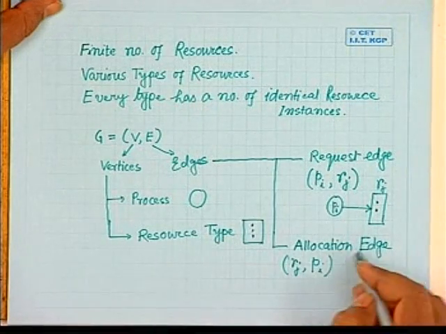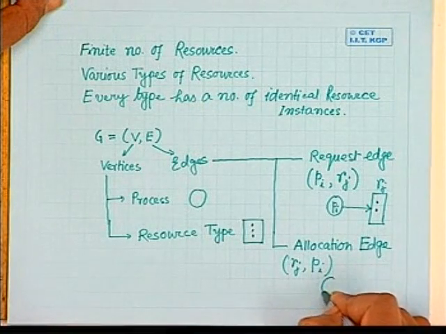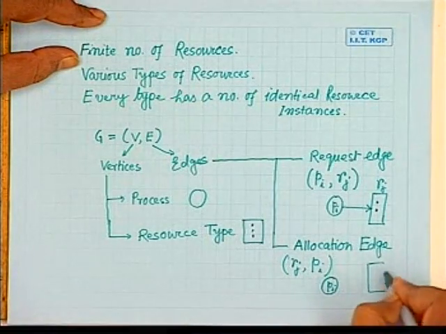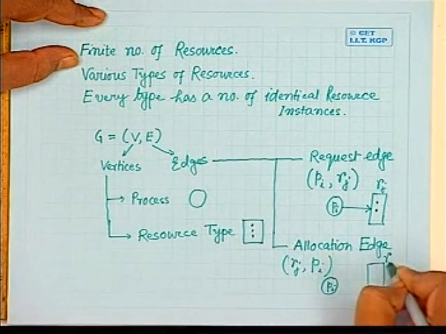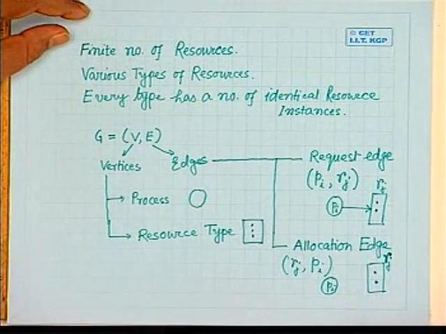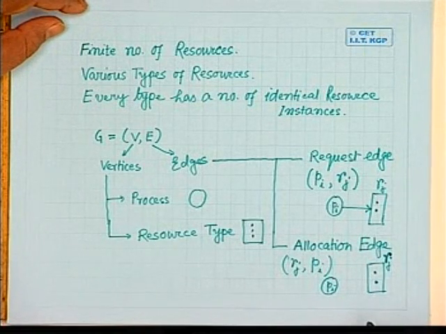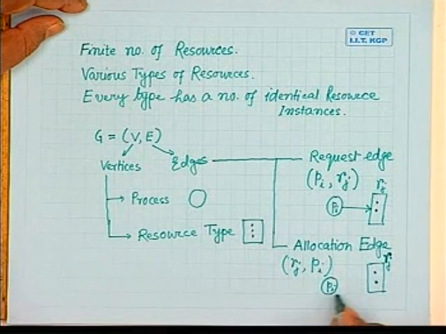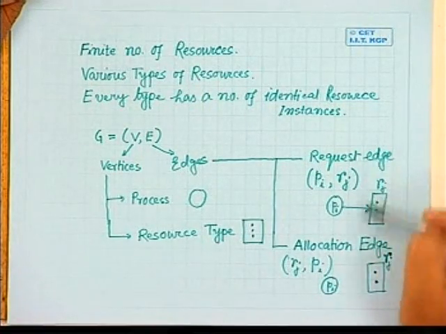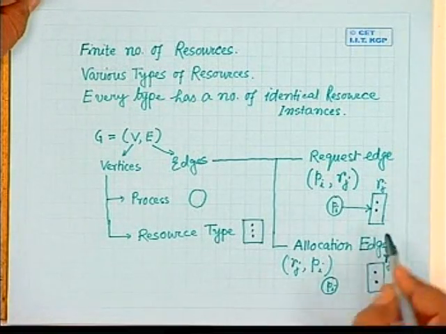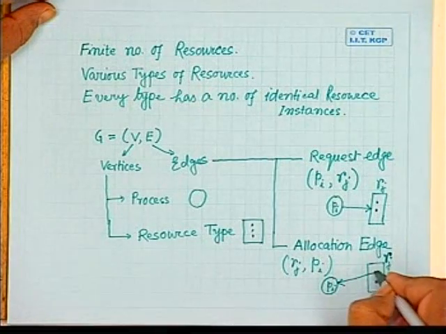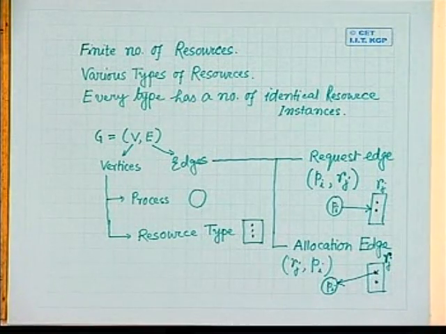Okay. So an allocation edge will appear like this. Say process Pi has requested an instance of a resource type Rj which contains 2 identical instances of that resource. One of these 2 will be allocated to process Pi. Okay. So when you convert the request edge to the allocation edge, when the allocation is actually made, the edge has to start from a particular instance to the requesting process Pi.